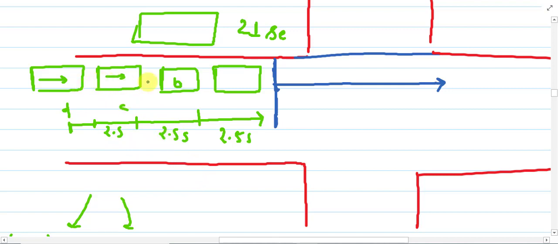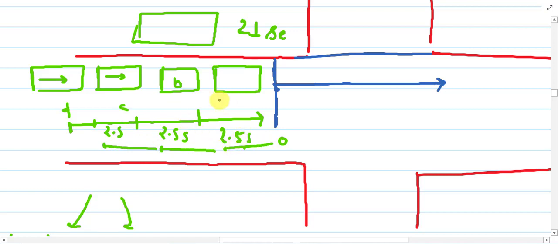Now we have four vehicles. The first vehicle crosses at 0 time, another one will cross at 2.5 seconds, the third 2.5, the fourth 2.5.